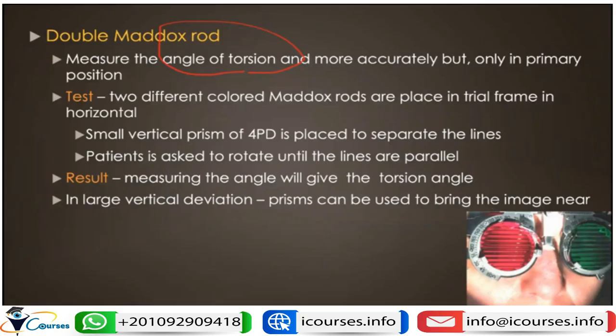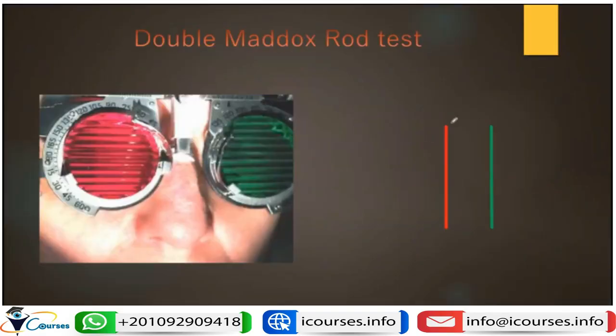So the right eye should see a red line, and the left eye should see a green line. Both lines should be parallel. But if the patient cannot see them parallel, then this means that this patient has incyclotorsion or excyclotorsion.